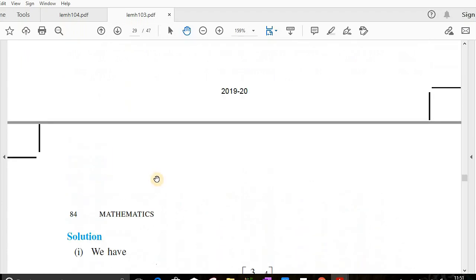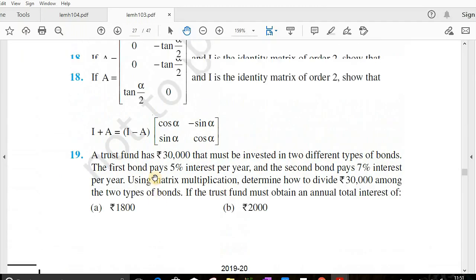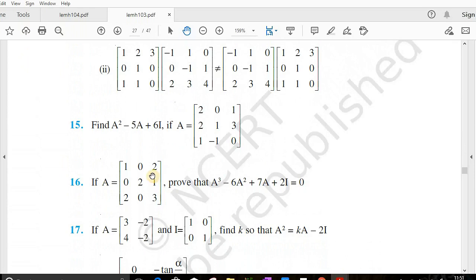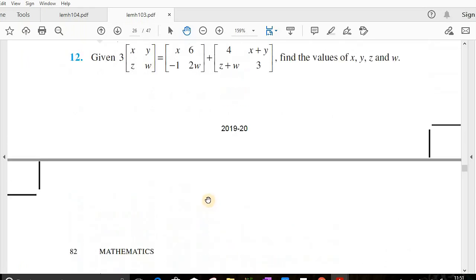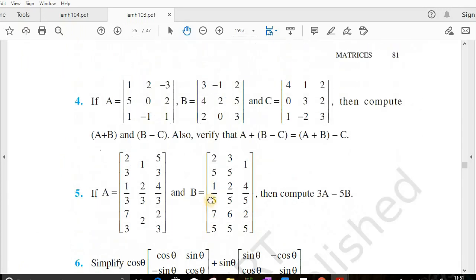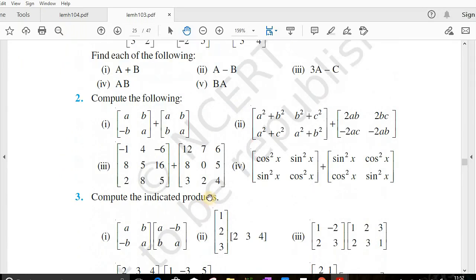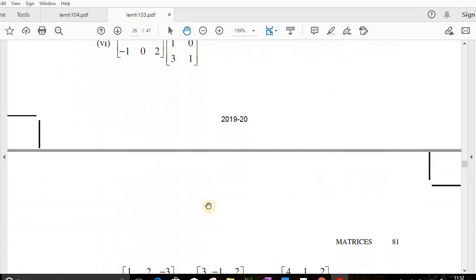What are the questions for homework? Question number 15, 16, 17, and questions 1 and 3. That's it.